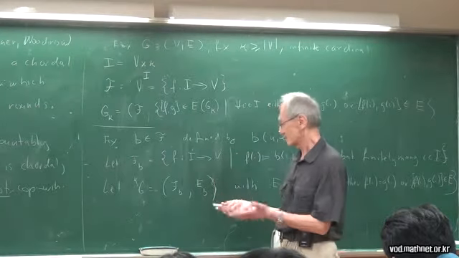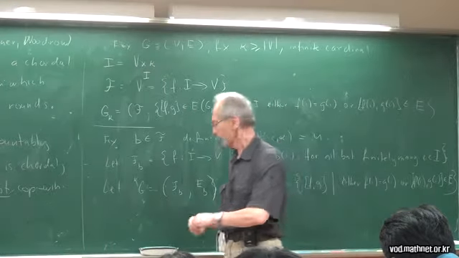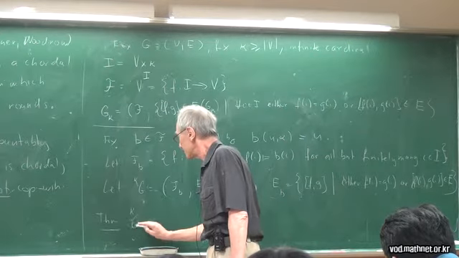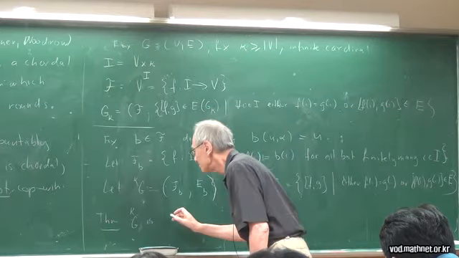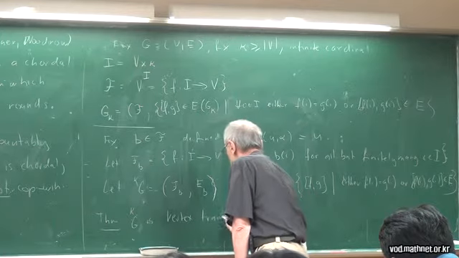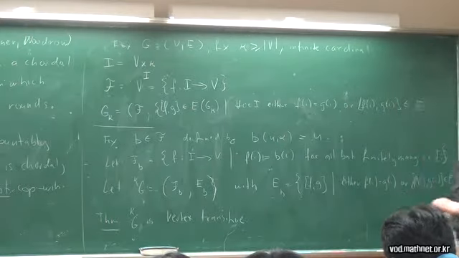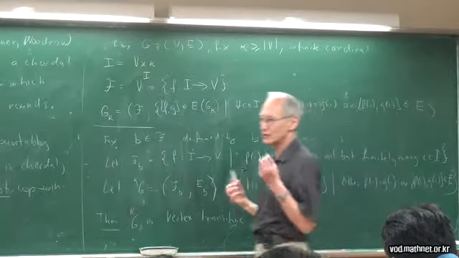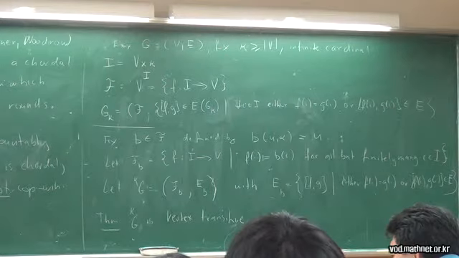Okay, now you can prove that if you start with a connected graph, this is connected. Theorem: kappa G is connected and is vertex transitive. I will not do a proof, but I can tell you, for those who are interested, what you have to do is show that any permutation of the index set gives you an automorphism.